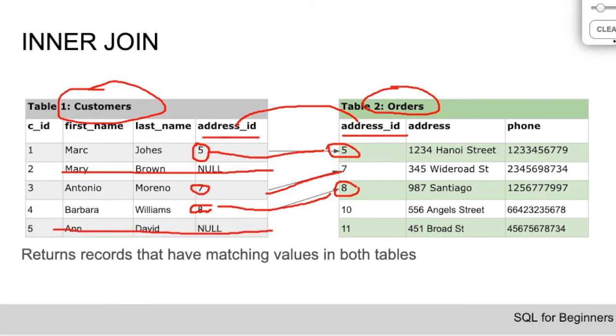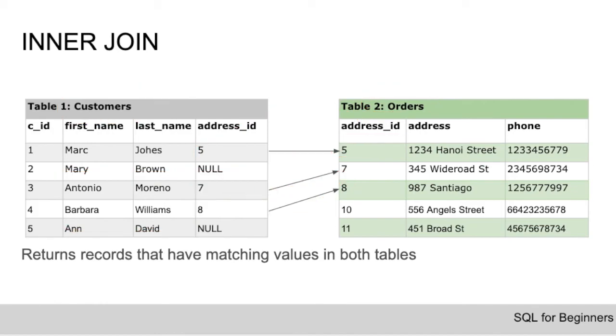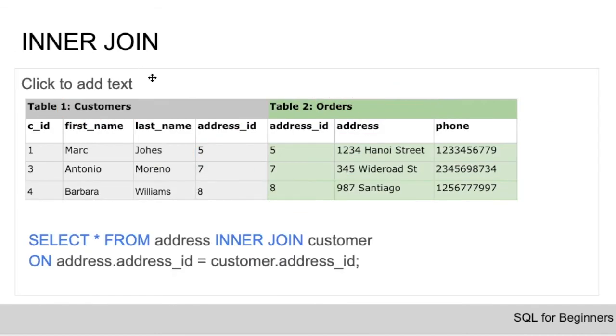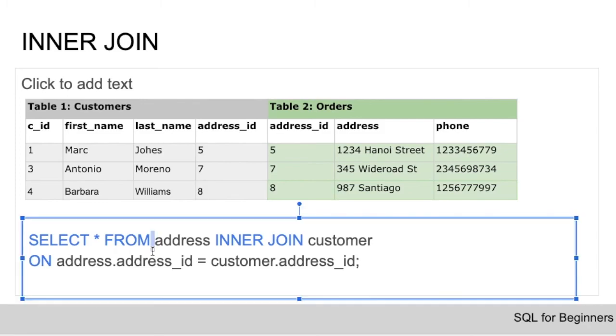Okay, let's go to the next slide, and you see here the result. Mark, Antonio, and Barbara are here, so the address IDs where the matching values are there. The query syntax is going to be like this.